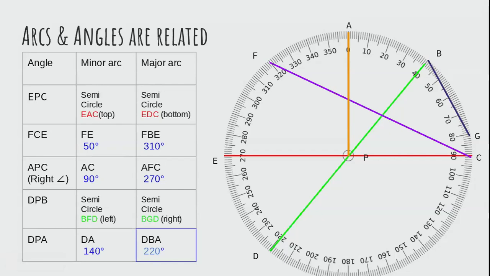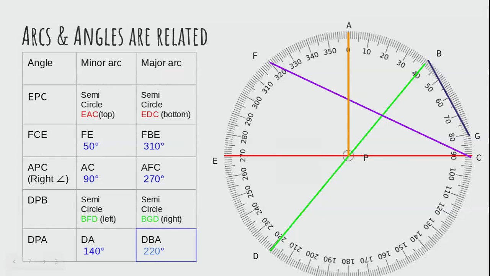And the last one was DPA. DPA had the minor arc going from D to A, going to the left. And for the major arc, we start at D going to the right to reach A. We know that because B is in the middle.